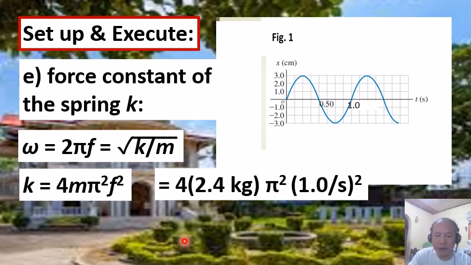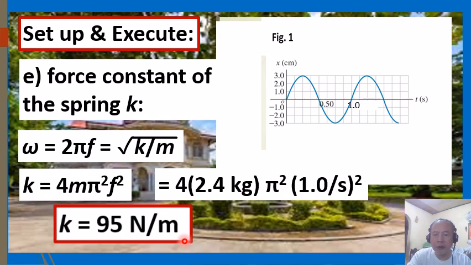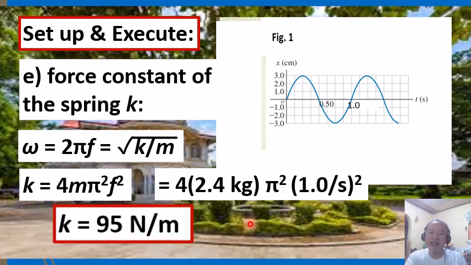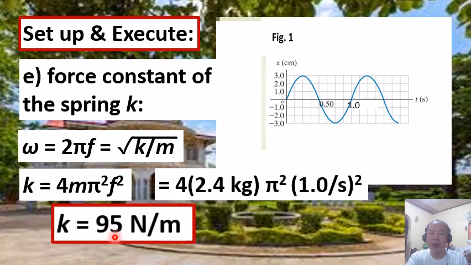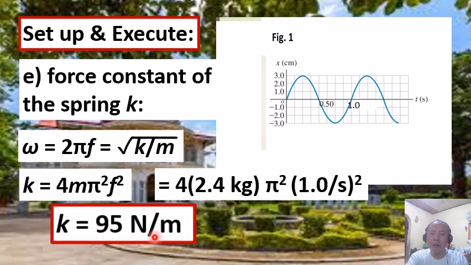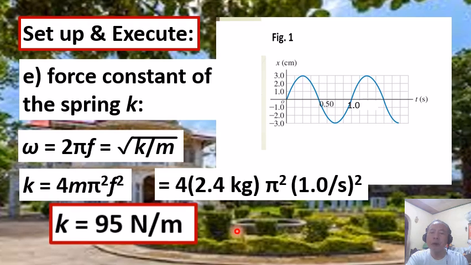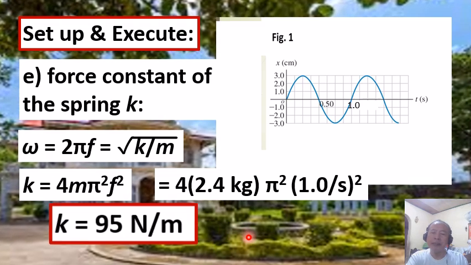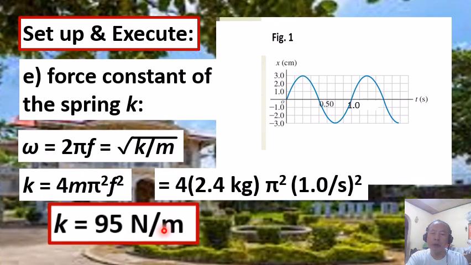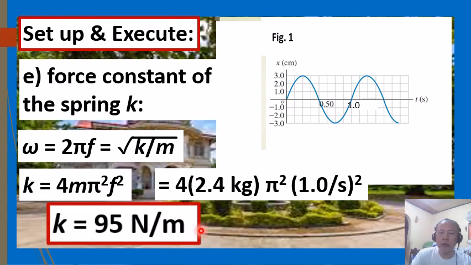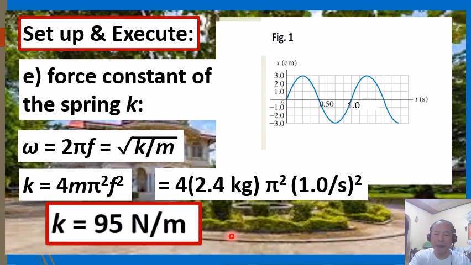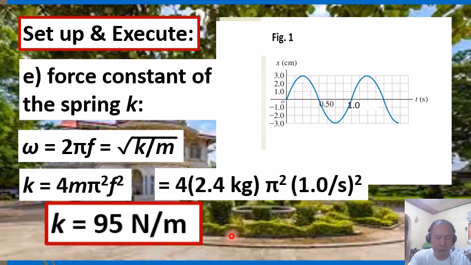So when you do the math, we arrive at the value of the force constant of the spring, k equals 95 kilogram per second squared, or the unit can also be in Newton per meter. So our answer here is also rounded to two significant figures.